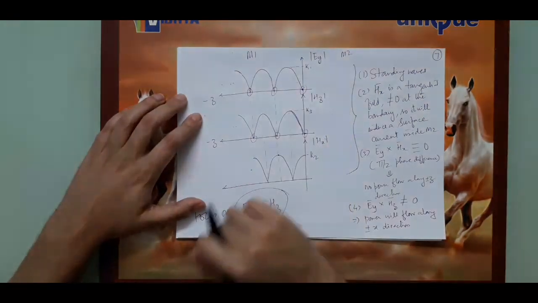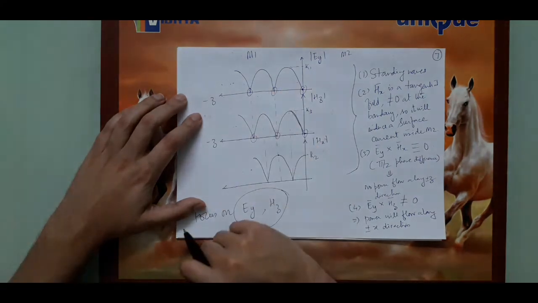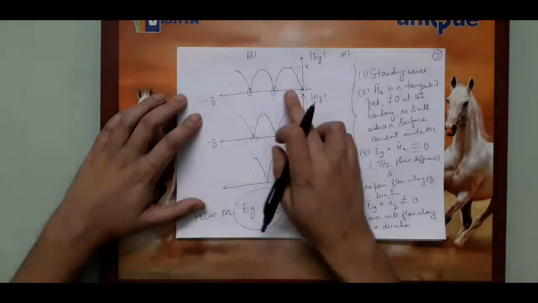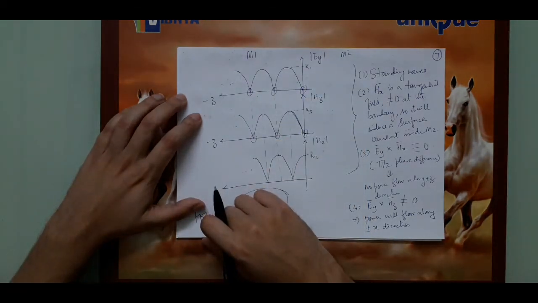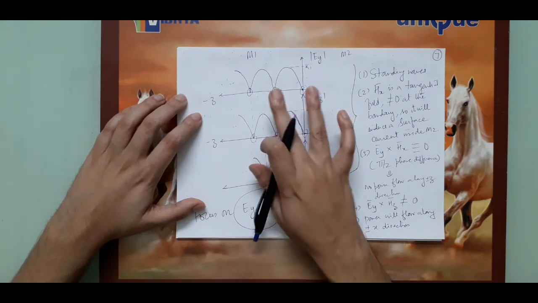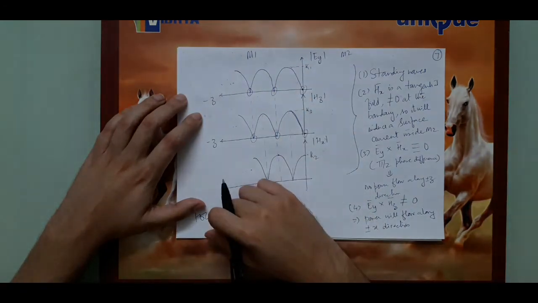What is the phase angle between these 2 points? This is some pi, we know that. But the question is, as far as the wavelength of the field components of the wave is concerned, can we make some kind of a generalization?